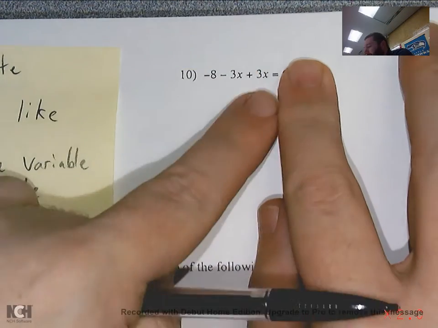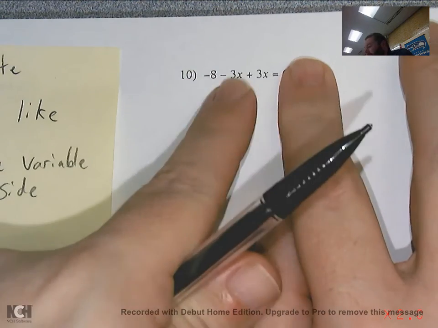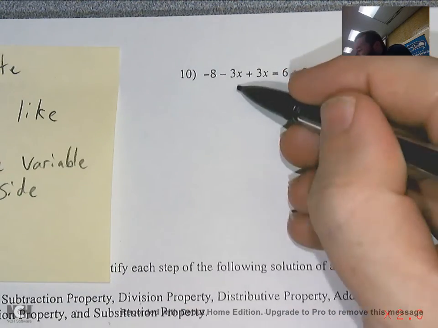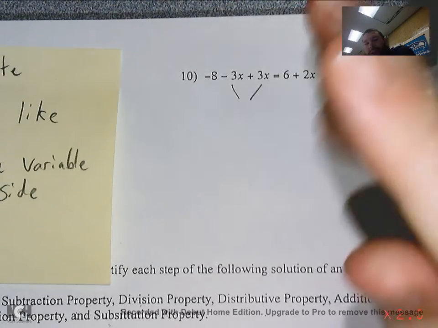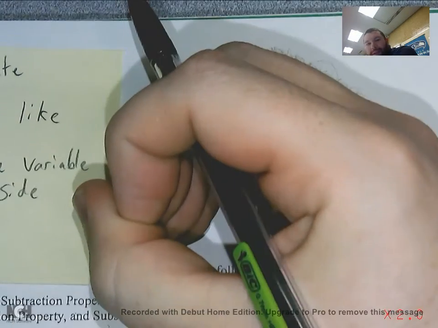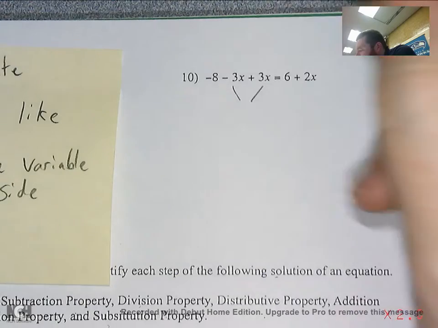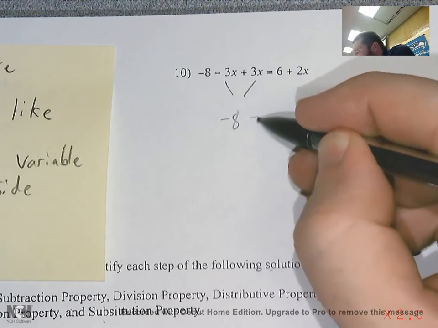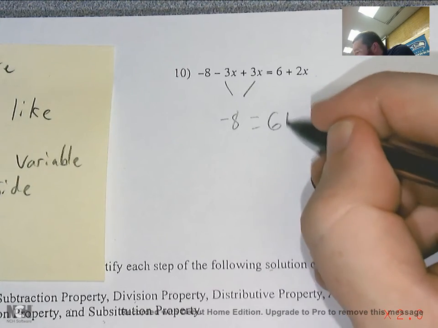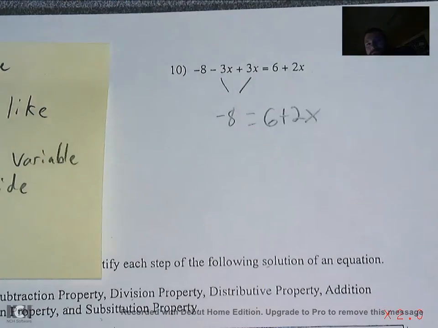This side we have two variables and a number, so the variables can combine. We have a negative 3x and we have a 3x. Negative 3 plus 3 is 0, right? So they're going to go away, and we're just going to be left with negative 8 is equal to 6 plus 2x. And there's only one variable.